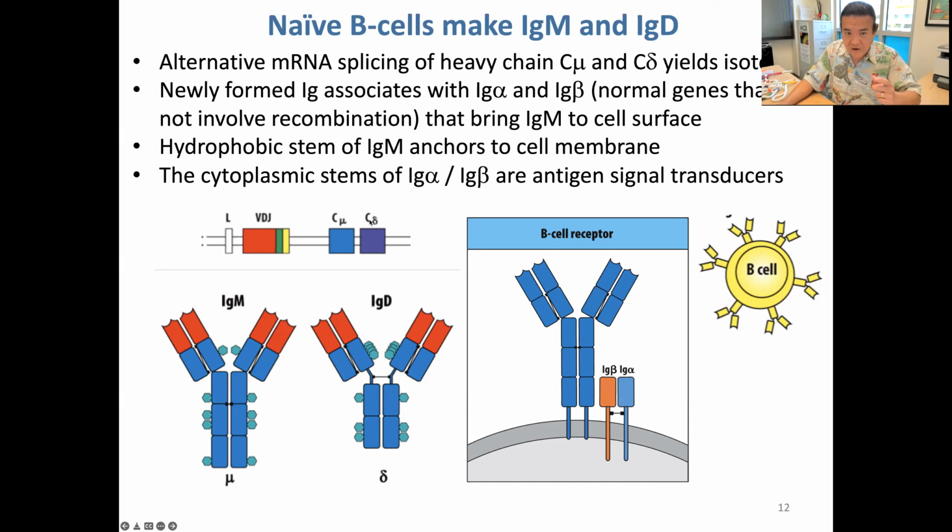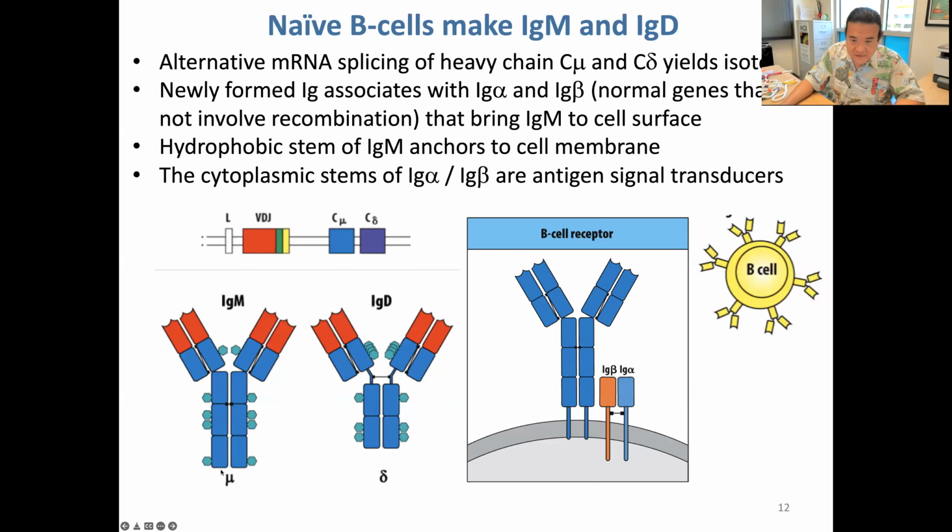So B cells first, as they're being made, will now connect a mu block to this. So it'd be the VDJ, and then with this constant mu together. And so then when that combined gene gets transcribed and expressed, you would get this heavy chain with mu constant regions at the end.